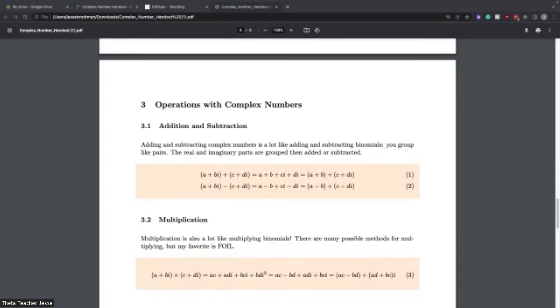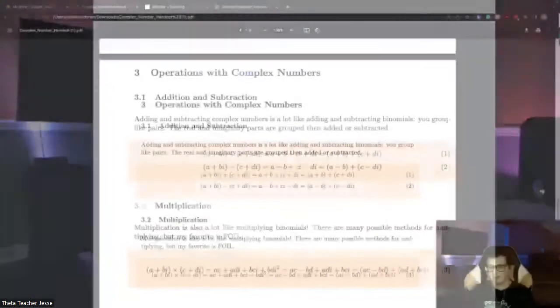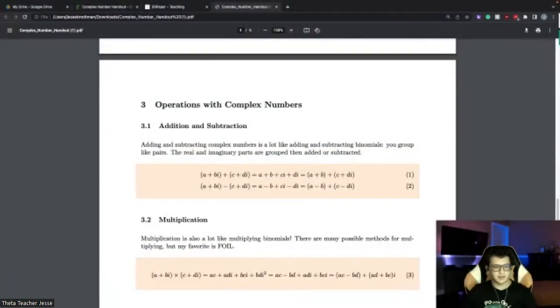Okay, so yes, let's go to operations with the complex numbers. If we just start off with addition and subtraction, it's a lot like if you were doing this with a binomial or any kind of polynomial where you group terms with the same coefficients. So a plus bi plus c plus di, you group the real parts, which is a and c. Oh, there is a typo there.